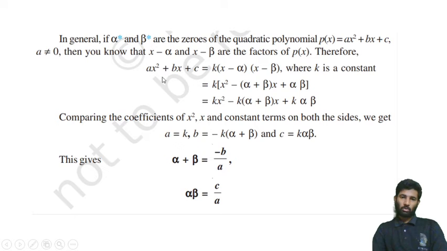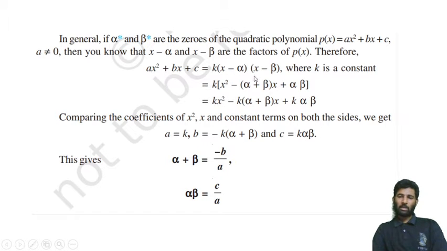So ax square plus bx plus c is equal to k into x minus alpha into x minus beta. As these two are factors of the given polynomial, it will be equal to the product of them with some constant. So when you multiply these two values and multiply with some constant, you will get the actual polynomial.